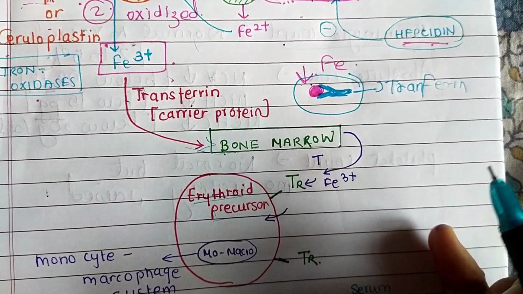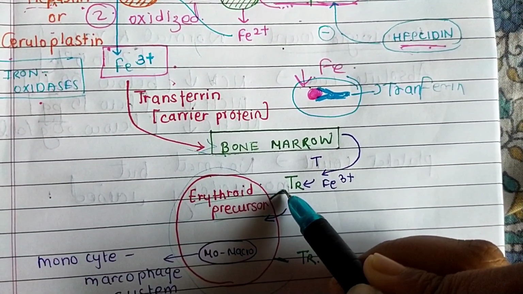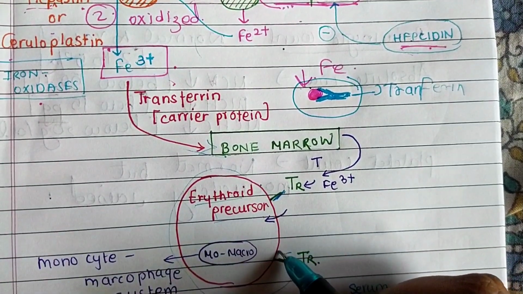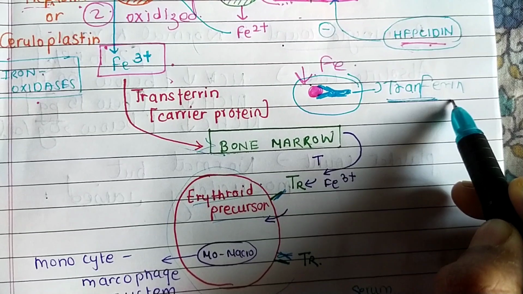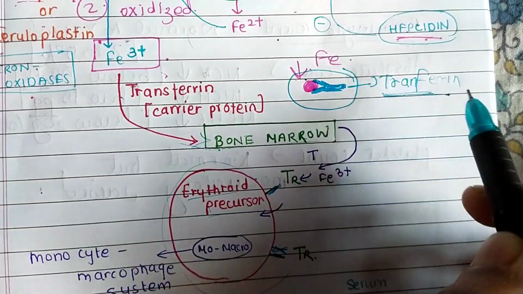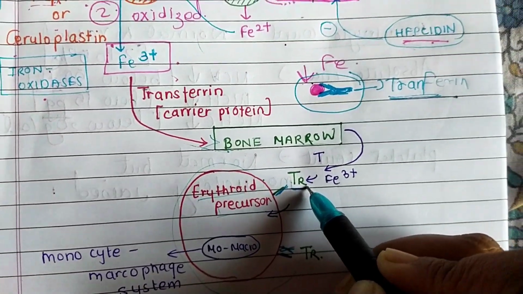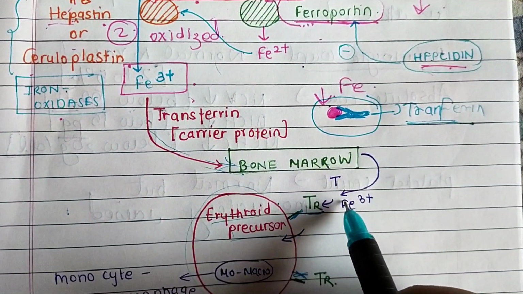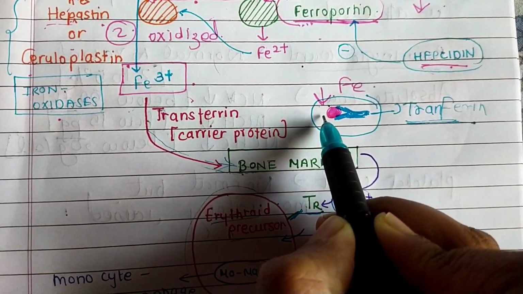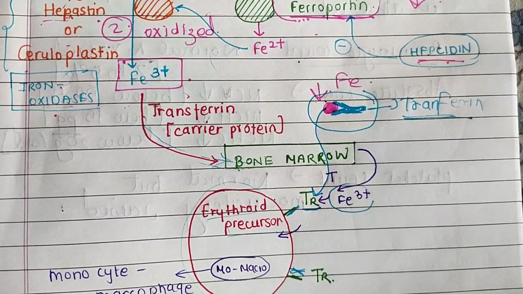So now what happens is, on this erythroid precursor there are transferrin receptors. As we have seen, here is the transferrin which is carrying the iron. There are transferrin receptors on the erythroid precursors. So this transferrin comes and gives its iron to the transferrin receptor.